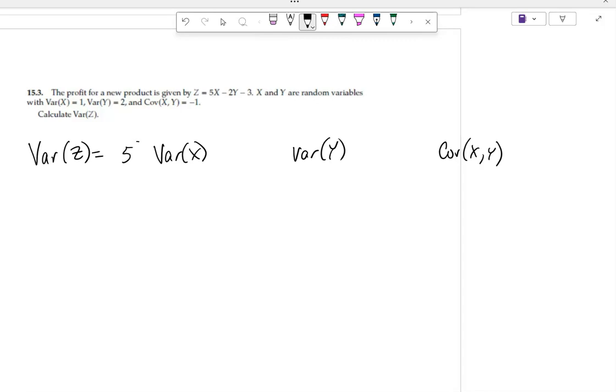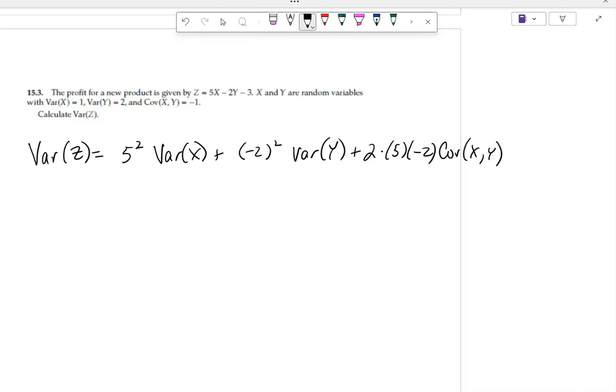Good. In front of the variance of y? -2 squared. Good. In front of the covariance of x and y? -2. Good. Does that -3 have any effect on the variance? No. -3 is just a shift. It doesn't change the spread at all, right?